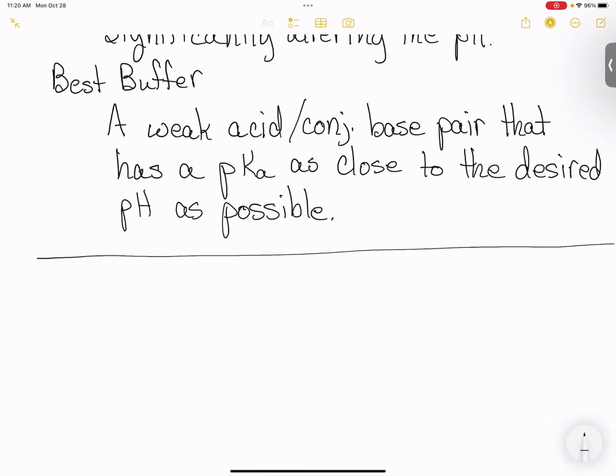We will be creating buffers when we get into weak acid, strong base titrations, and weak base, strong acid titrations later in the week or next week.